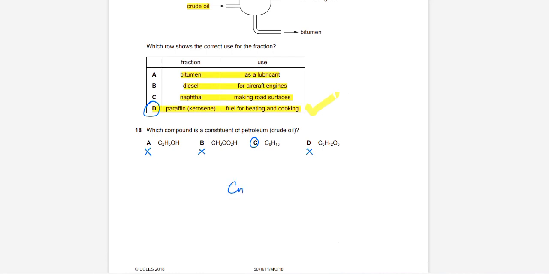What is alkane? CnH2n+2. 2n means double the number of carbon atoms, and plus 2 means 2 more than the double. So double becomes 16, plus 2 is 18. This is the alkane.